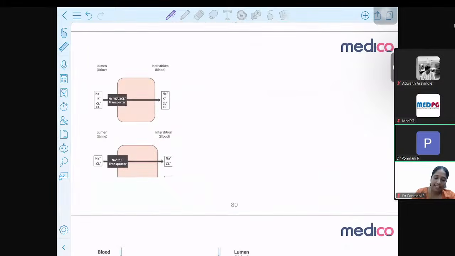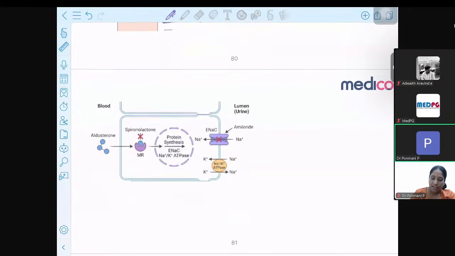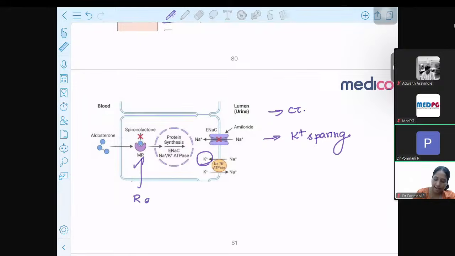Okay, so as I said, this represents the loop of Henle, where loop diuretics inhibit the sodium-potassium-2-chloride transporter, and the drugs which inhibit the sodium chloride transporter in the DCT are the thiazides. And the drugs which act in the collecting tubule and spare the potassium are potassium-sparing diuretics. They can either act as a mineralocorticoid receptor antagonist or as an ENaC inhibitor.